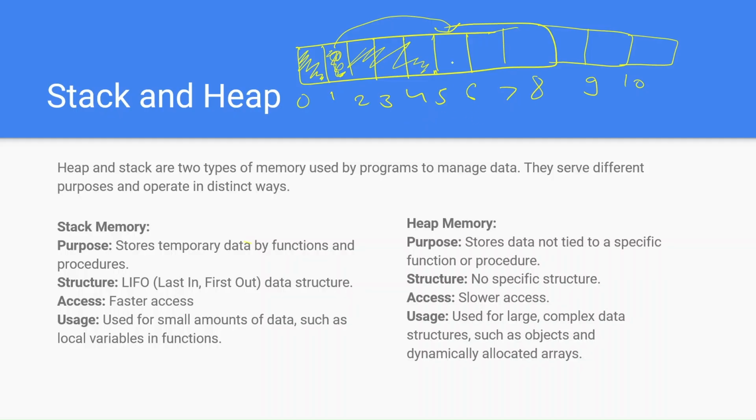So it will go on the second byte, the third byte, the fourth byte, and the fifth byte. So the size 5 data is stored perfectly here. Hence you can see that there are multiple memory jumps, which makes it slower than stack. Alright, this is what stack and heap are.